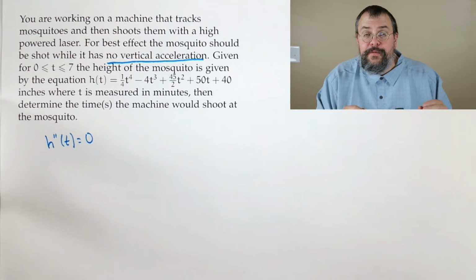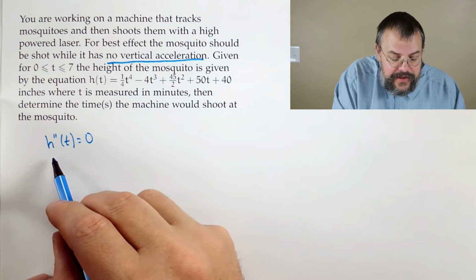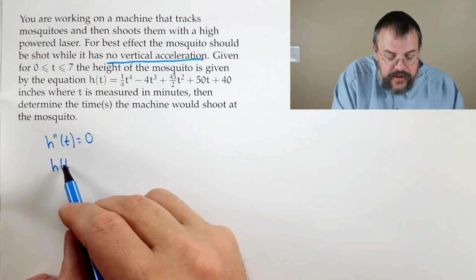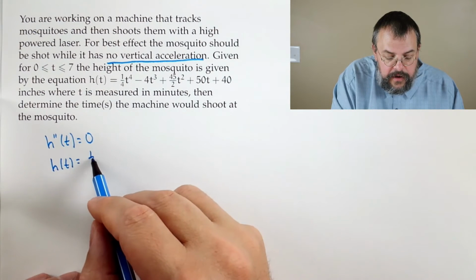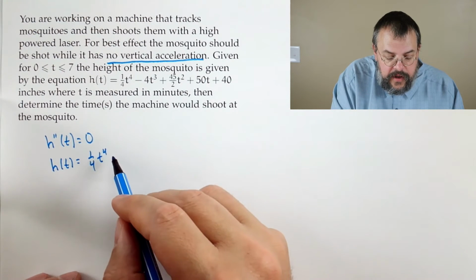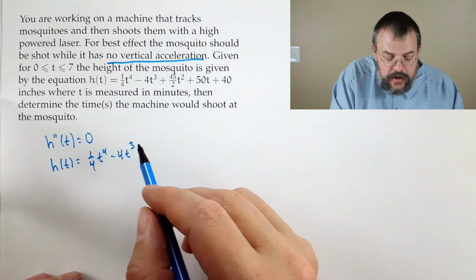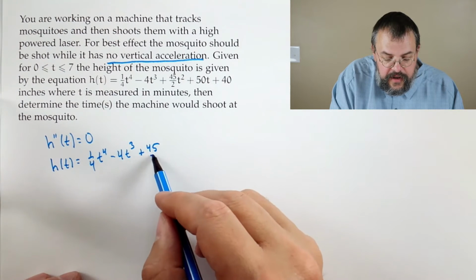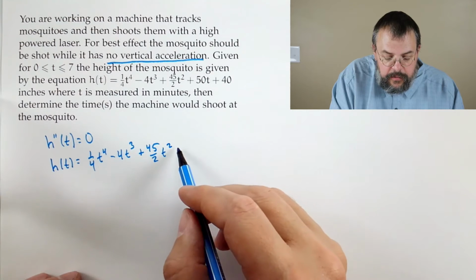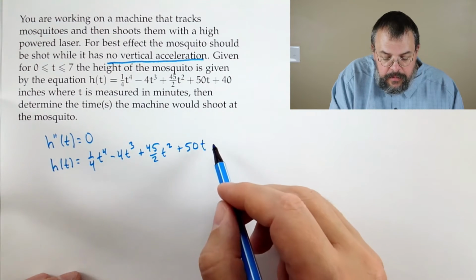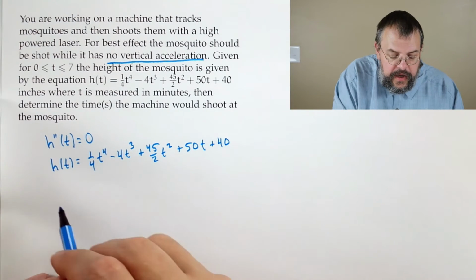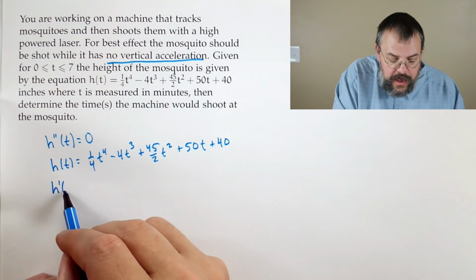All right, that seems reasonable. So let's get to h double prime of t. h of t is 1/4 t to the 4th minus 4t cubed plus 45/2 t squared plus 50t plus 40.